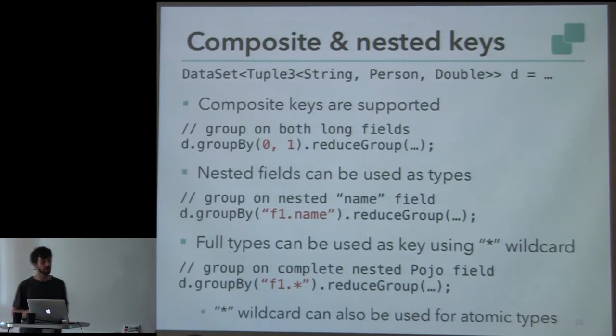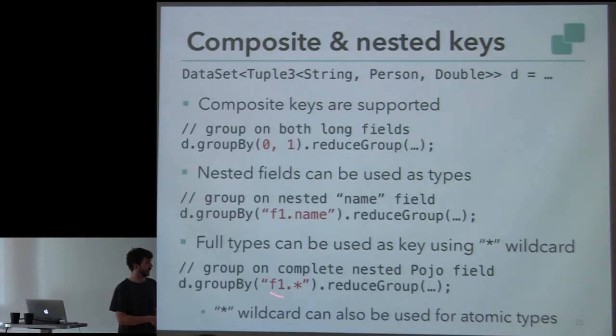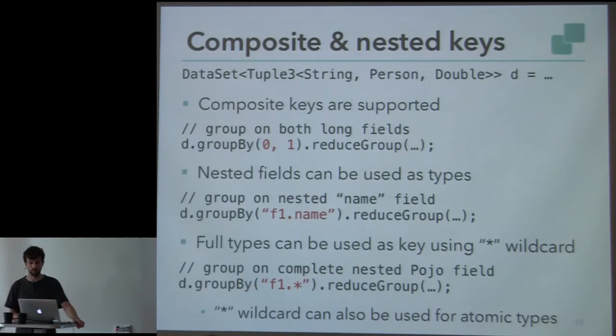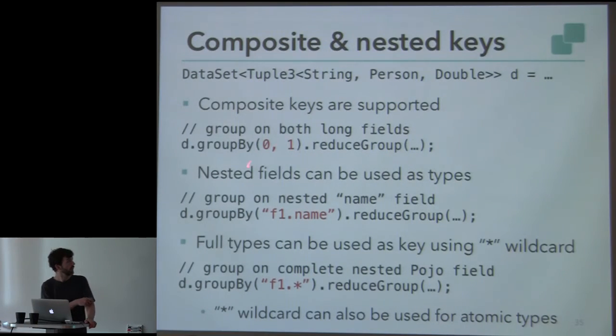It's also possible to select nested fields as keys for grouping, and also to select multiple fields from an object. We already saw in the exercise that you can group on several keys.